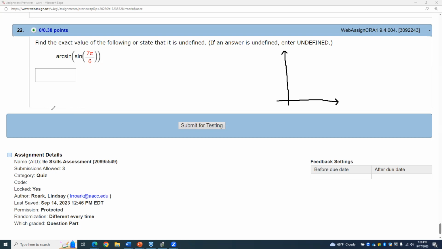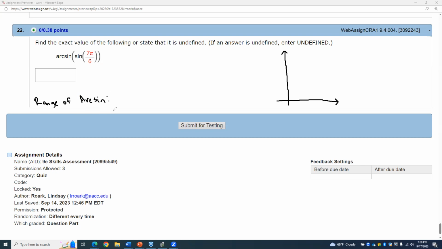So it's not talking about all of the values of these trig functions. They're restricted.